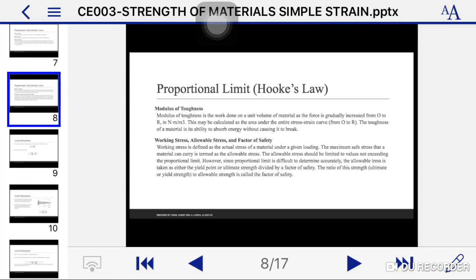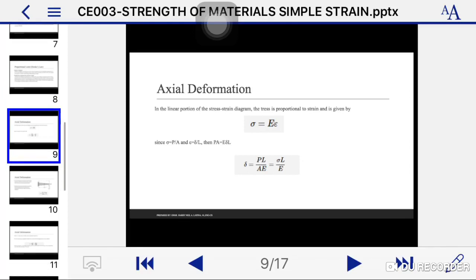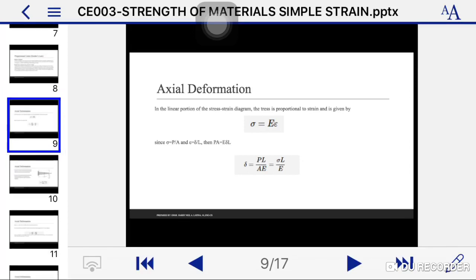Then next, for the axial deformation in the linear portion of the stress strain diagram. So earlier we have defined in the figure that stress is proportional to the strain. So ayun yung formula natin, di ba? Stress is equivalent to modulus of elasticity times the strain.